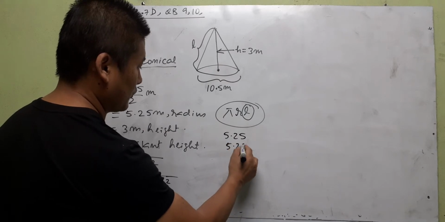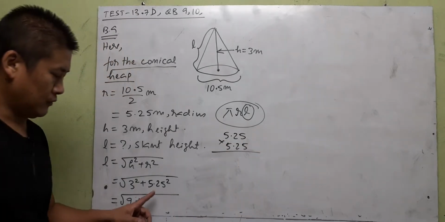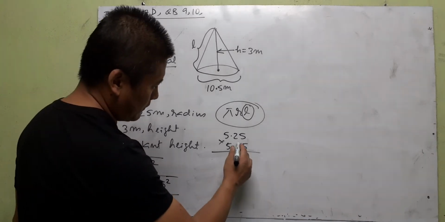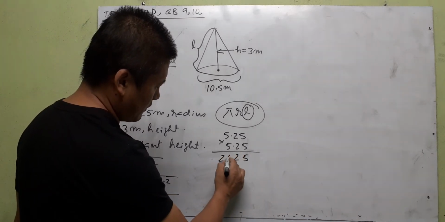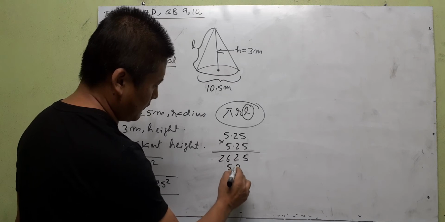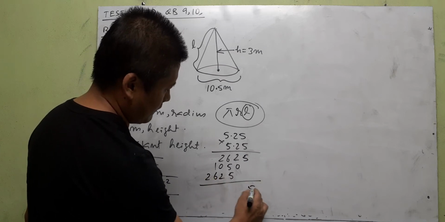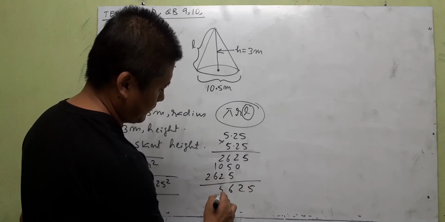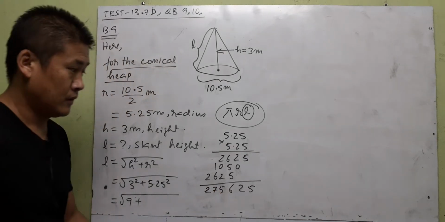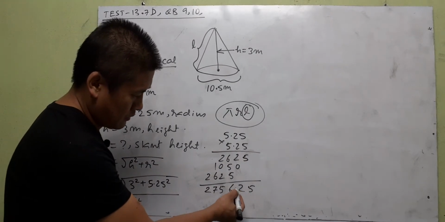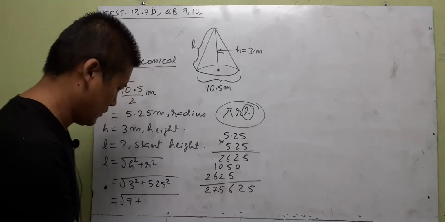5.25 into 5.25 is what will give this 5.25 square, 25, 12, 26, 5 are 10, 4, 5. And same numbers, so 5 to 6 to 5 to 16, 5 and 7 here, 2 here. Count the decimal places, then 1, 2, 3, 4. So from here 1, 2, 3 and 4.